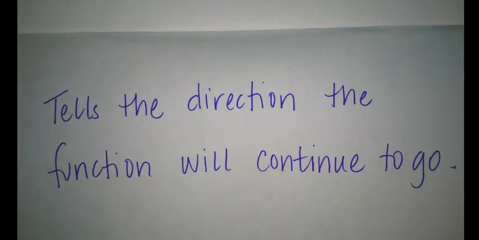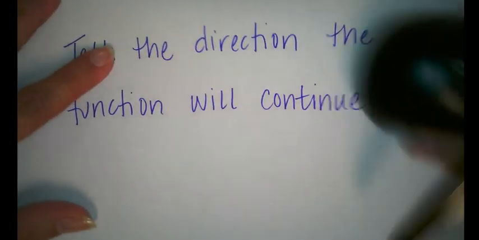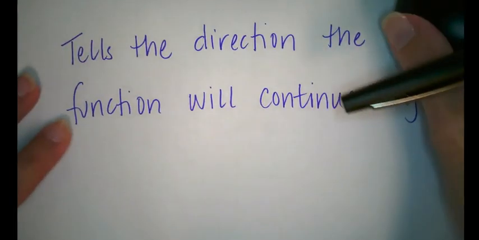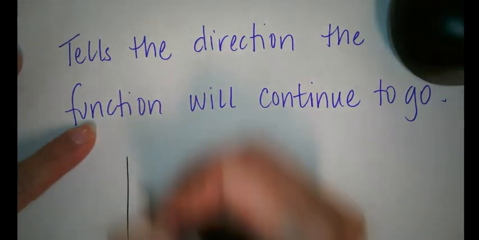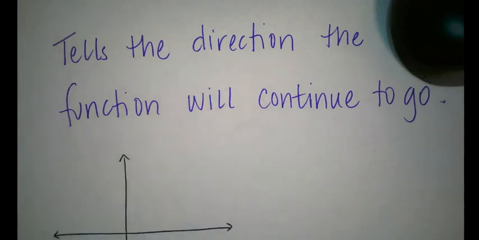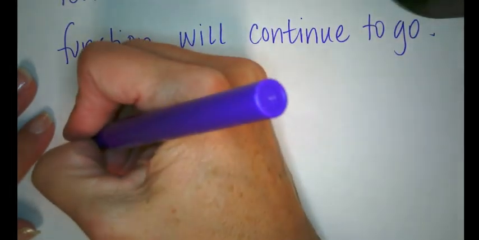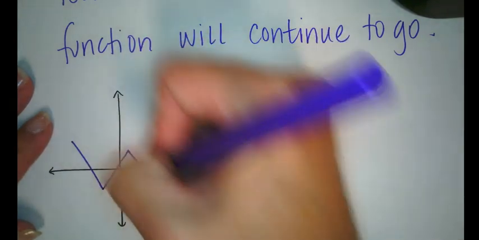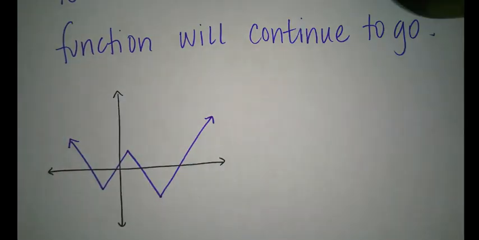So basically what happens is that if we, once again, look at the graph, and again, if I'm going too fast, then just pause the video. But if we were to look at a graph like this, and I'm just going to go like a little bit of a zigzag kind of thing, like that, and like that.